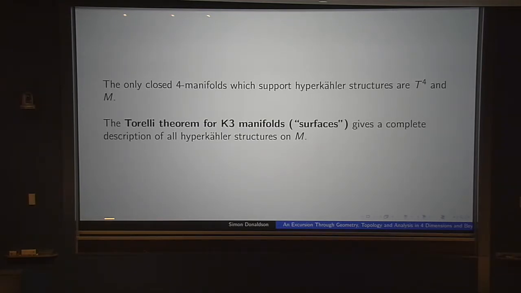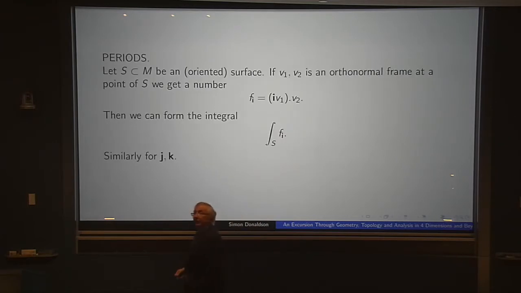But in fact, the Torelli theorem gives a complete description of all the Hyperkähler structures on this manifold. And that involves the generalization of these periods that we mentioned briefly in the Riemann surface story.